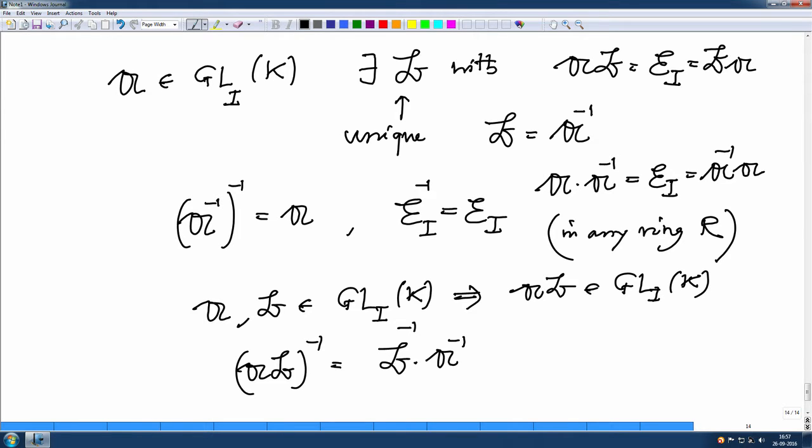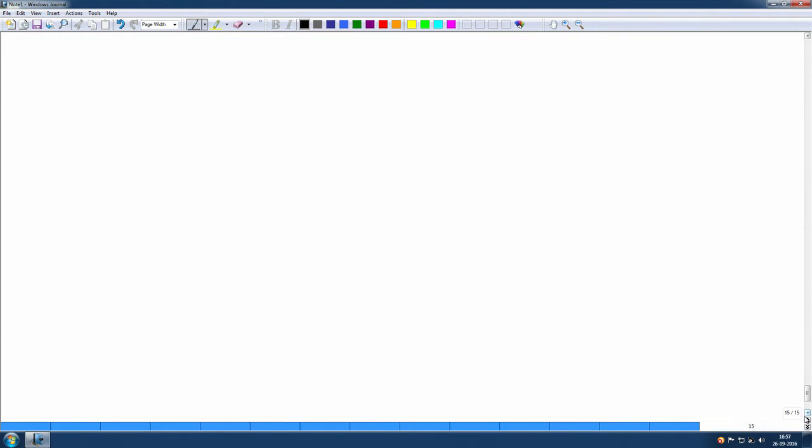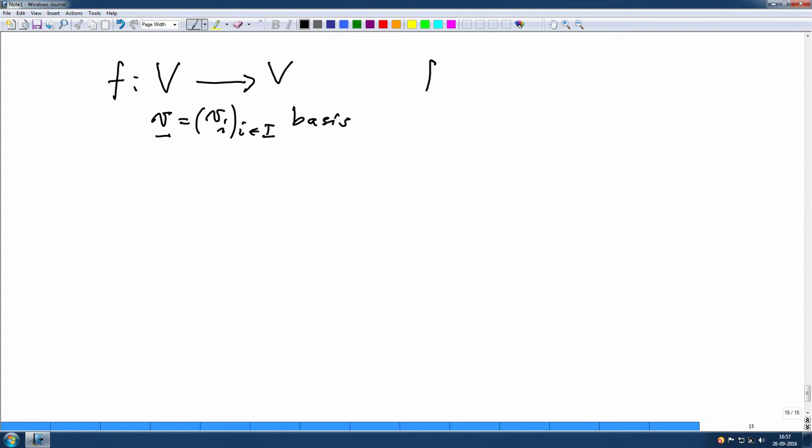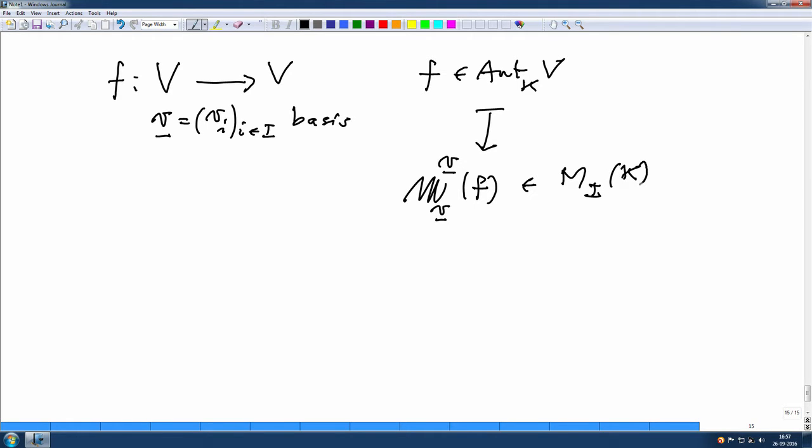Now a question is, given a linear operator f: V to V on a finite dimensional vector space, and we have given a basis v_i, i in I. Suppose we know this f is an automorphism, then we definitely know the matrix of f with respect to this basis, which is a matrix in M_I(K), is invertible.